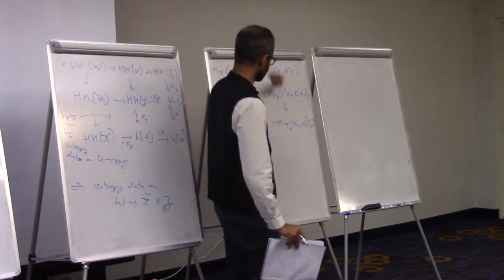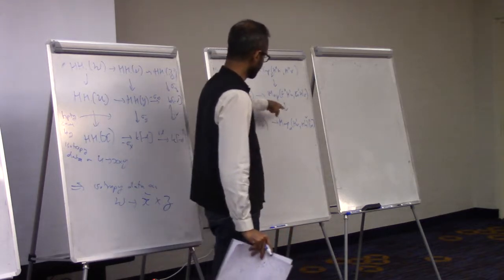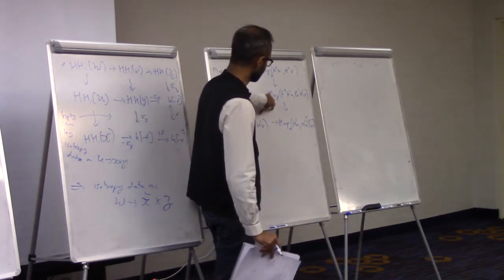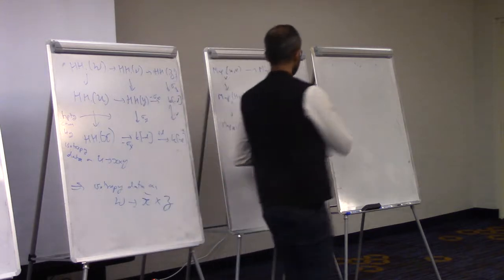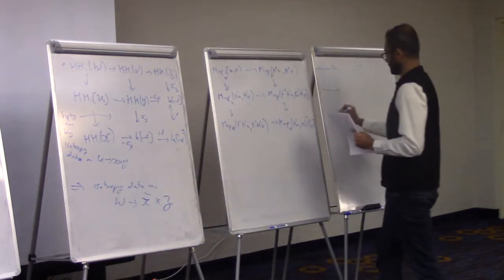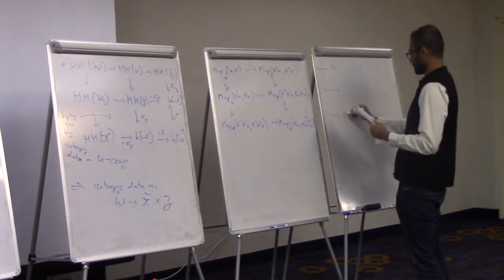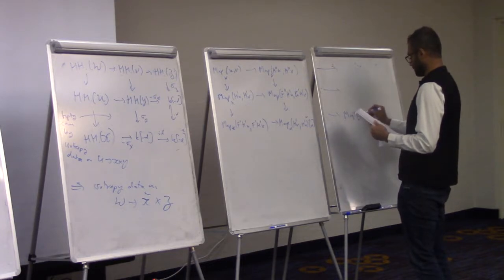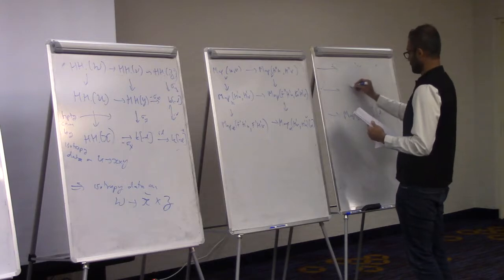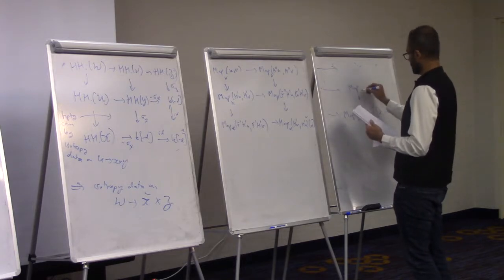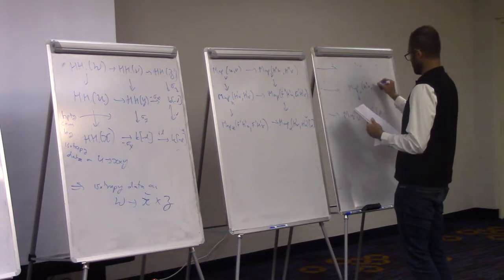Here I'm using the non-degeneracy of the triangles that come from non-degeneracy of the individual Calabi-Yau structures to construct this square, and then this continues from here to maps in W of V dual shifted by d, maps in V prime, V, H.